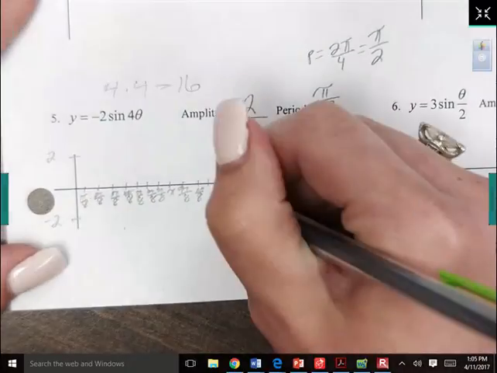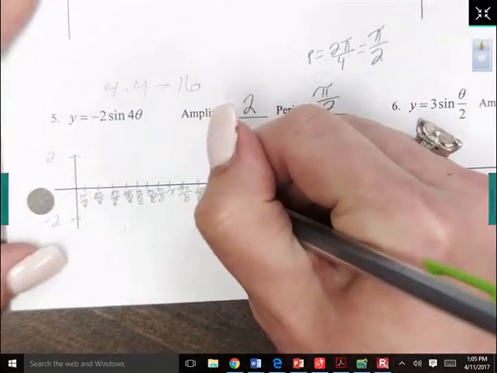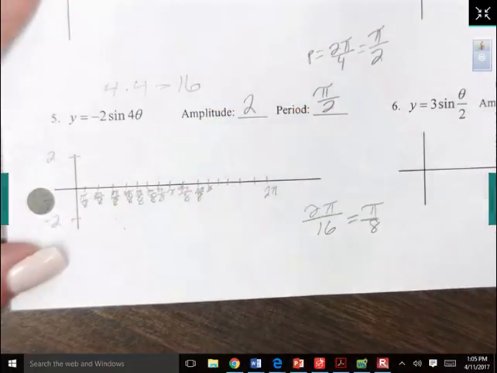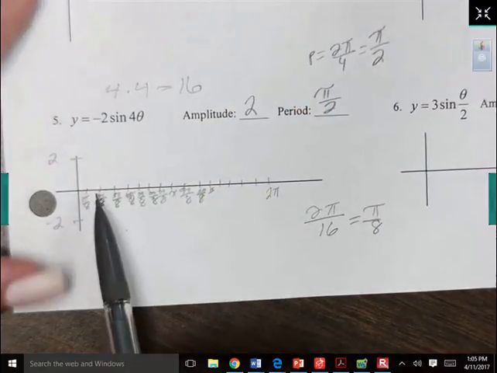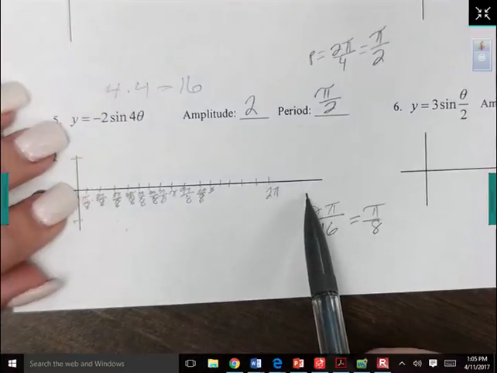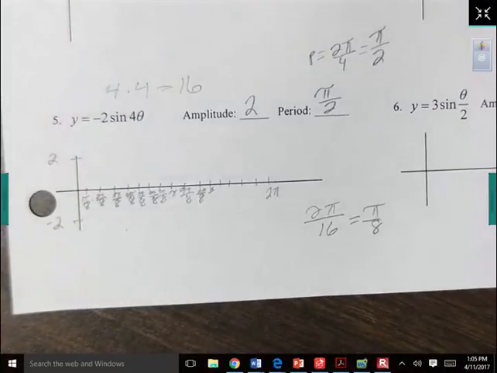Yes, ma'am. How did you get 2 pi over 16? Because we saw that we broke this up into 16, and we wanted 16 equal parts, so we wanted to say if we have 2 pi, we broke them up into 16 equal parts, how long is each part?